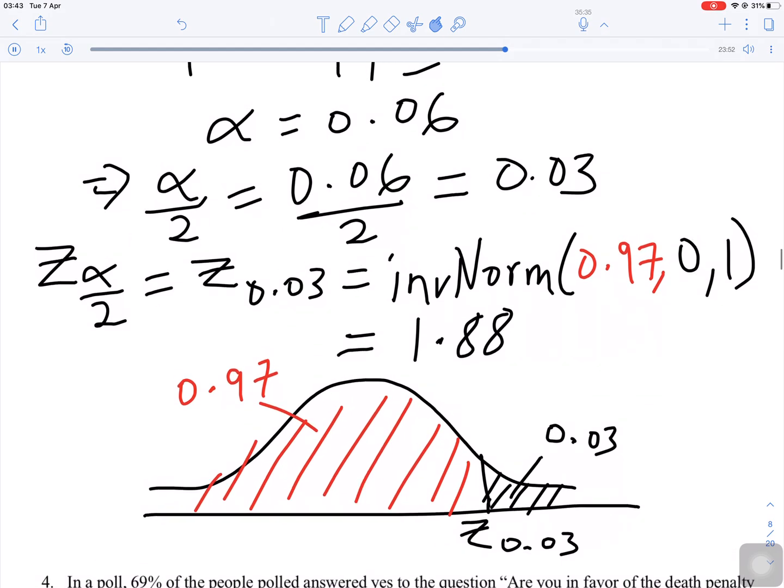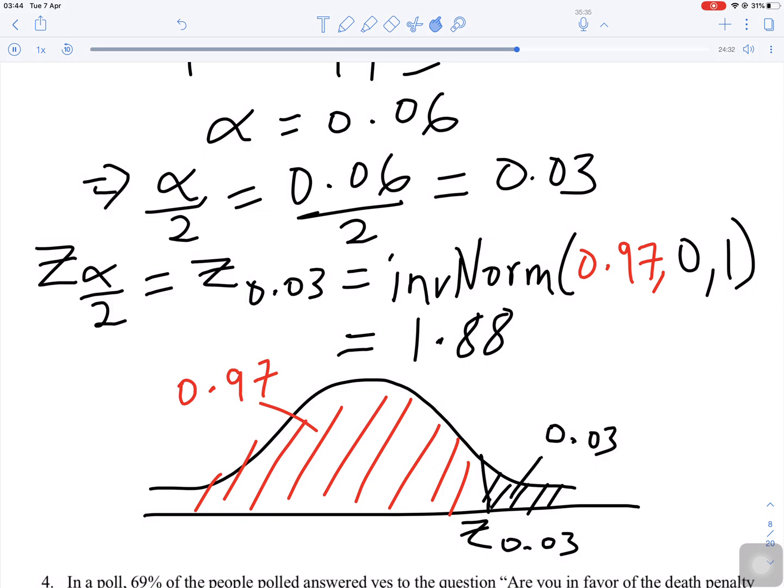So we are looking for Z alpha over 2, which is a critical value, and that is Z subscript 0.03. So from chapter 7.2, Z subscript 0.03 means that we want to find the Z-score which has the area to the right to be 0.03. So using the inv-norm function on a TI-84, inv-norm takes the first argument to be the area to the left, then the mean, and then the standard deviation.